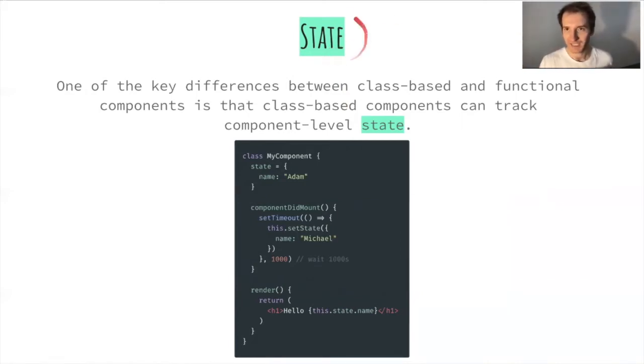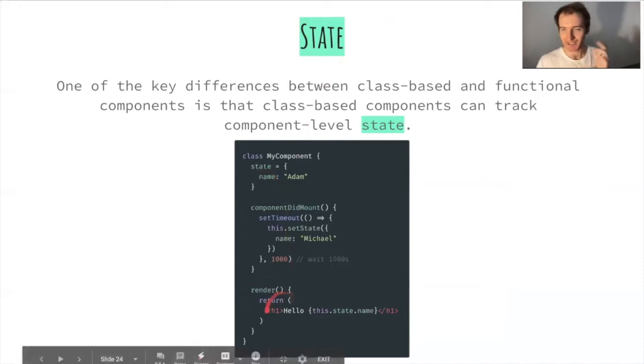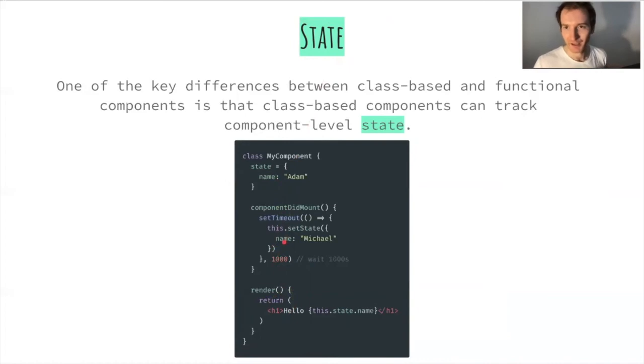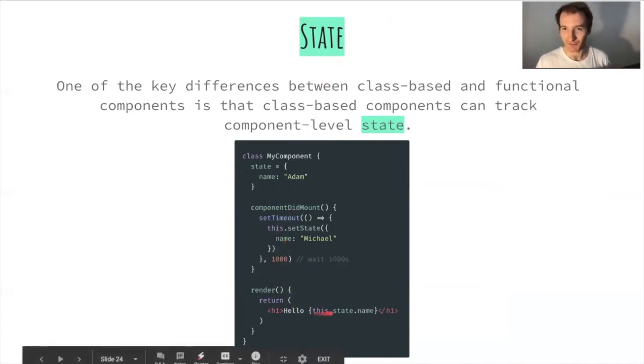So we call this data state, and basically state is just an object that contains some different parameters. And then we can access that state inside of our render method or inside of any other class methods that we're attaching to this class-based component, using the this keyword again.